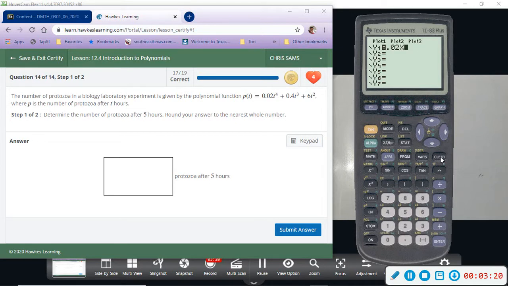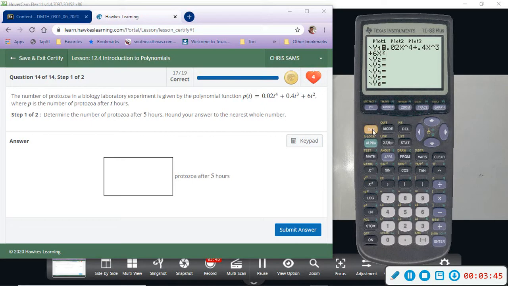Now the calculator takes the variable x, even though it has a t. Just use x, the same result will happen. So to the 4th, and then 0.4 x raised to the 3rd, and then plus 6 x squared.